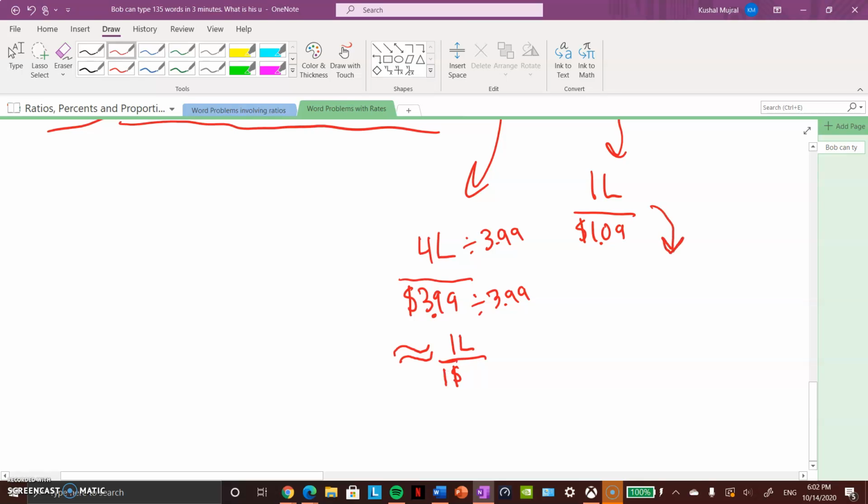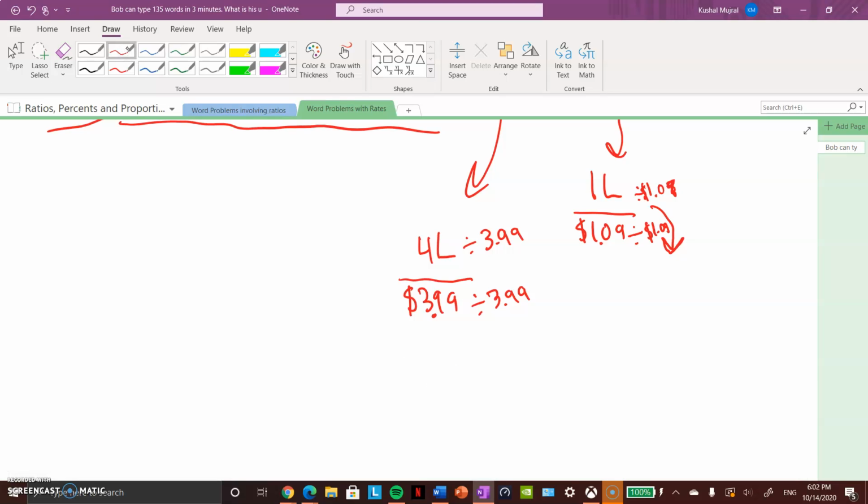This one is divided by 1.09 and 1.09. This one is also approximately 1 liter per $1. Okay? But, yes, there's a but. We need to know which one is the better buy. So we can't go approximately. Yes, we have to do the whole division here.